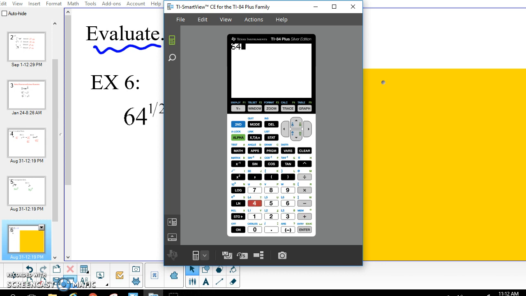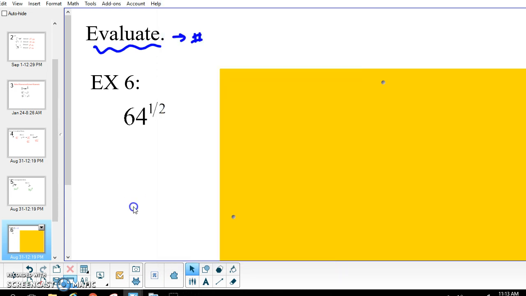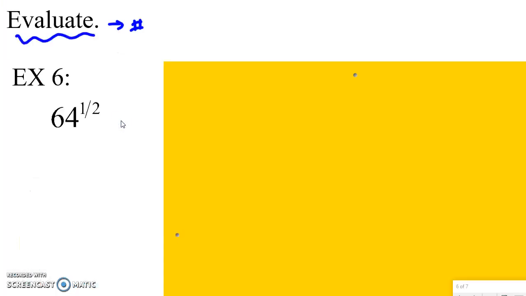So 64, and then when I'm using the graphing calculator, I type it in as a fraction, 1/2, you get 8. But we should know, right? So this 1/2 means square root. So the square root of 64 is 8.